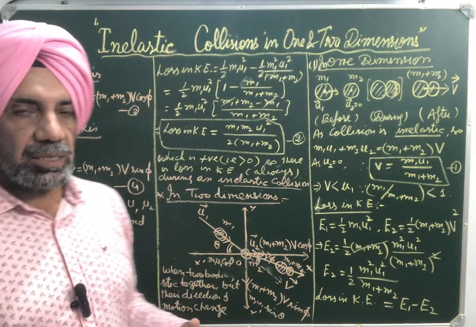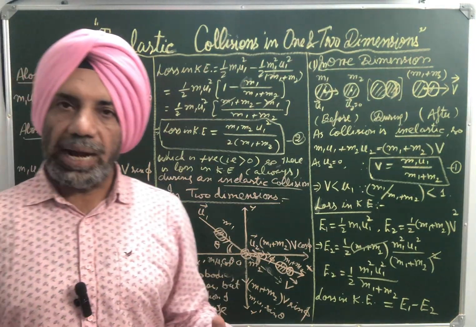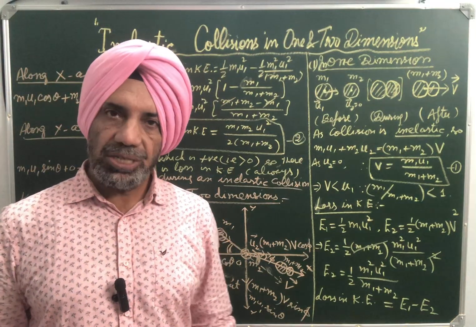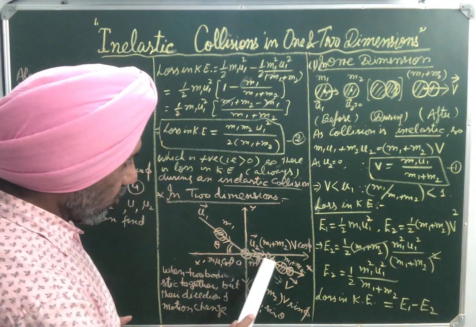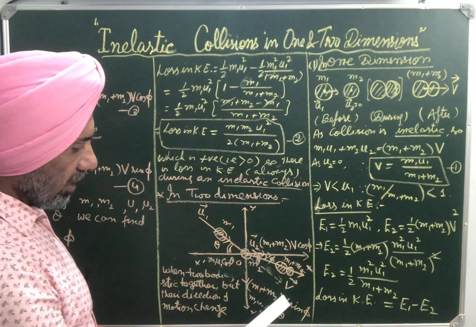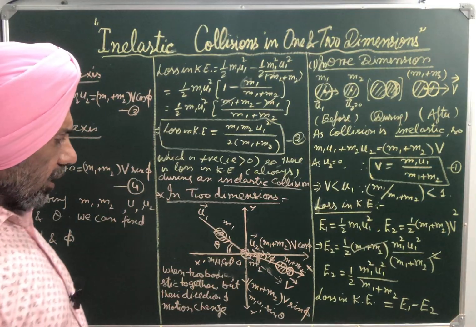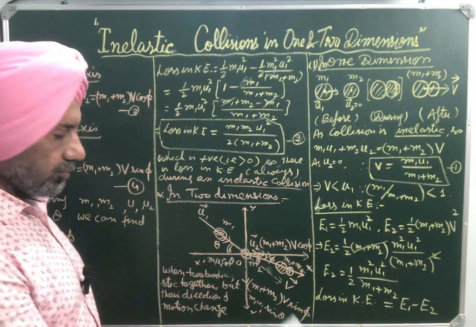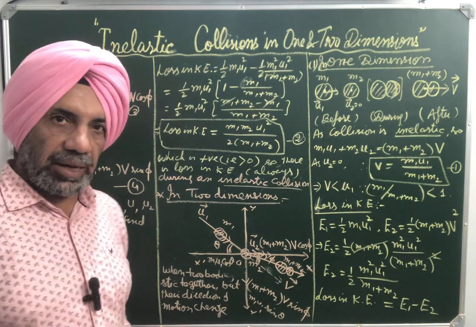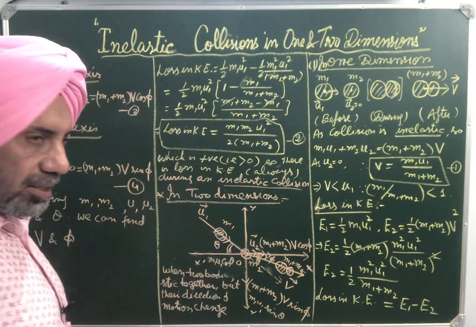So when two bodies moving in different directions collide with one another in an inelastic collision, their direction of motion also changes. So now this is the direction of motion of both the bodies, which is making angle phi with the x-axis. And suppose v is the velocity of combination of the bodies after inelastic collision. Then the momentum m1 u1 of first body before collision can be resolved into two components, m1 u1 cos theta along x-axis, m1 u1 sin theta along y-axis.